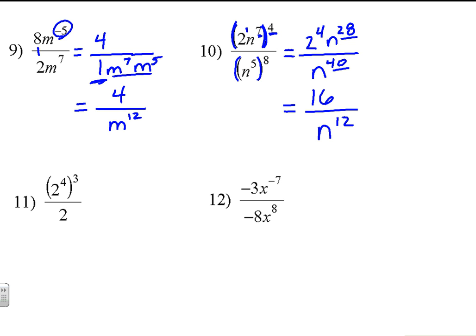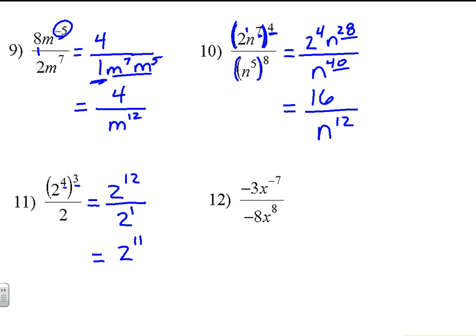Alrighty. Number 11. In the numerator, I've got 3 groups of 4 2's. That is 2 to the 12th. In the denominator, I have how many 2's? 1 of them. So I have more 2's in the numerator by 11. 2 to the 11th.